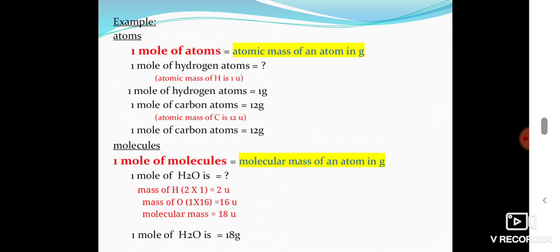The next example. See the example, atoms. 1 mole of atoms is equal to the atomic mass of an atom in grams, isn't it? Let's calculate: 1 mole of hydrogen atoms contains how many grams?